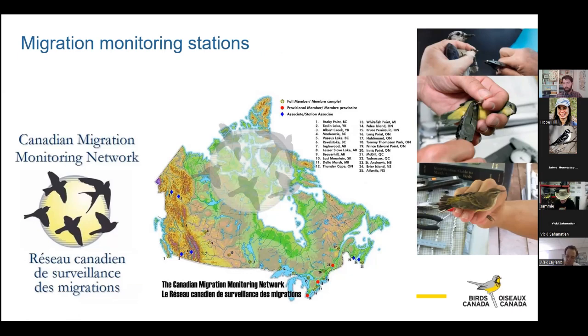And also, if there are folks really interested in learning how to band and handle birds, then there's always opportunities at some of these local stations, and we're hoping to have some opportunities at Birds Canada. So if there's specific projects that would involve banding and tagging birds, please feel free to reach out and I can help try to connect you with someone that can help with the training aspects of this as well.